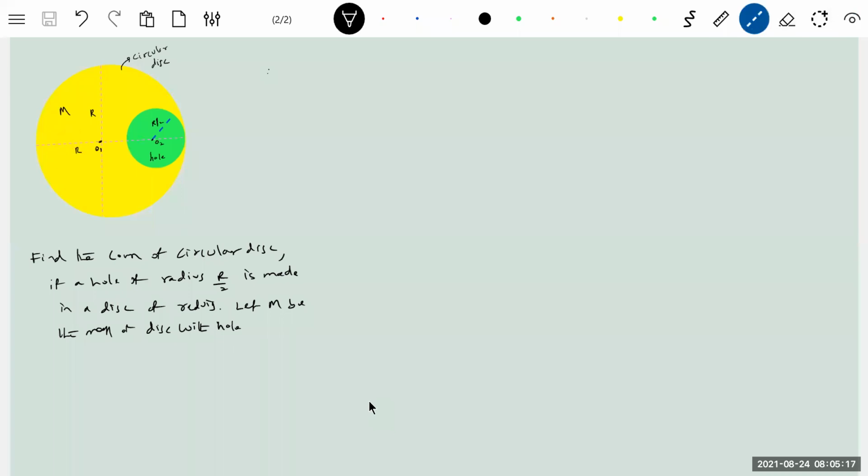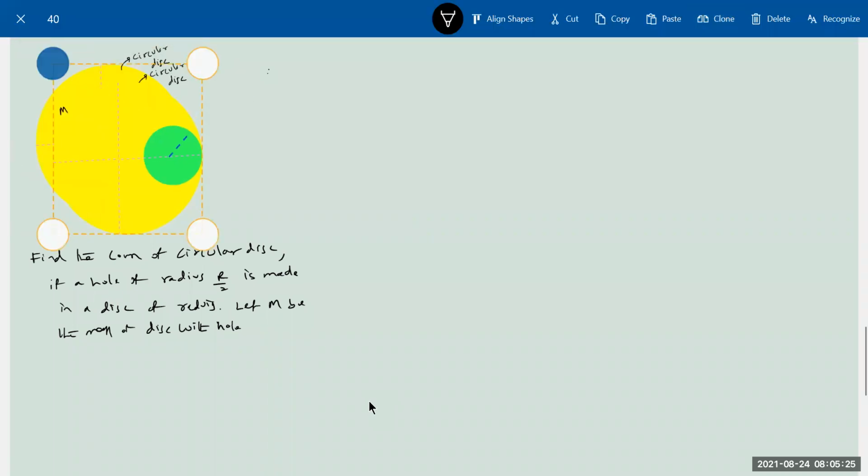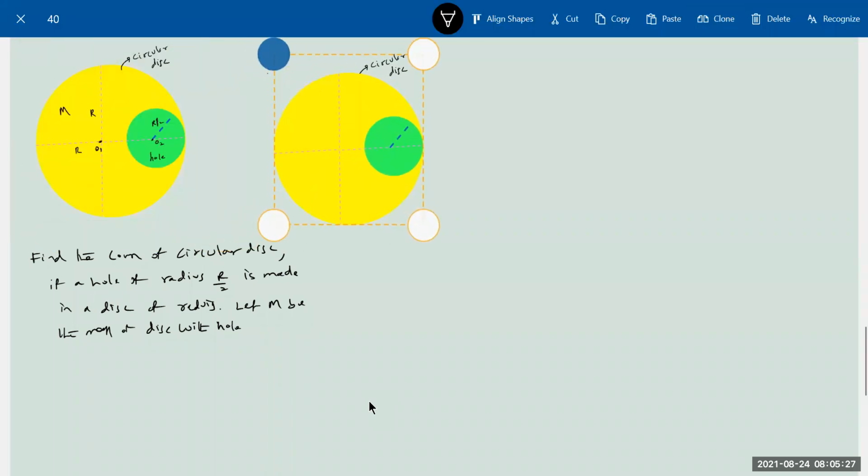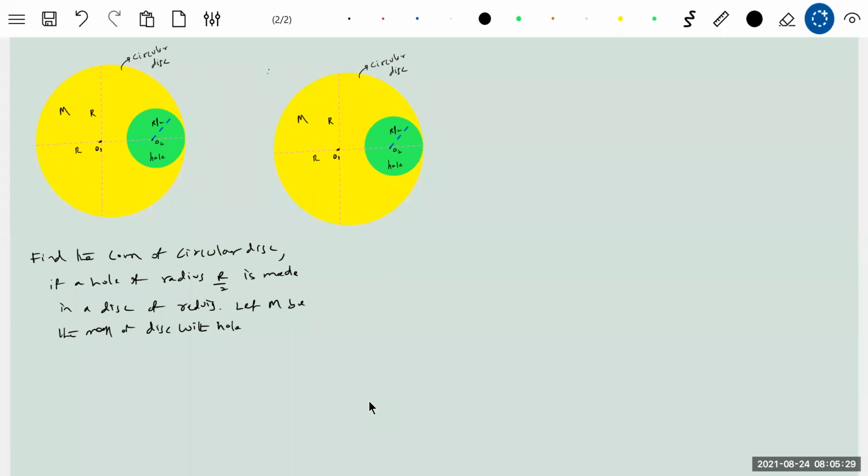What is the method to solve such problems? Look at the advanced paper. It's called the cavity concept. That's what we are going to teach now.